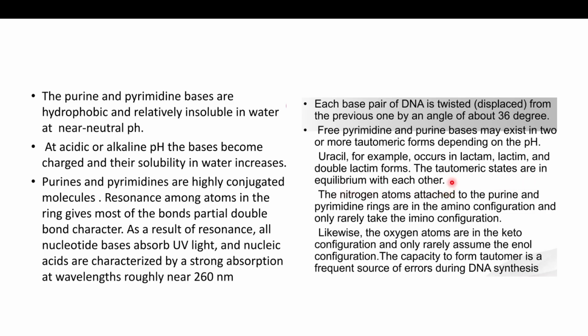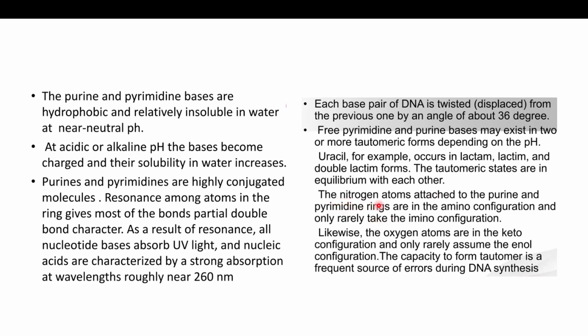Suppose we have keto-enol tautomerism with the double bonded O region there, right? So either it exists as a ketone, double bonded O, or it becomes alcohol, OH. So these can interchange among themselves, although in some cases the keto form is more predominant than the other.